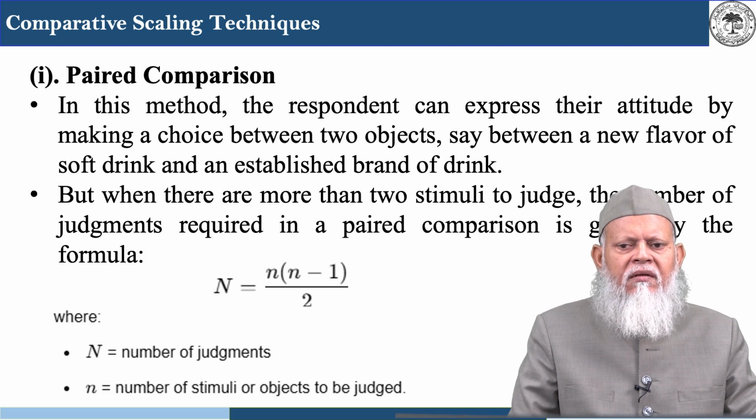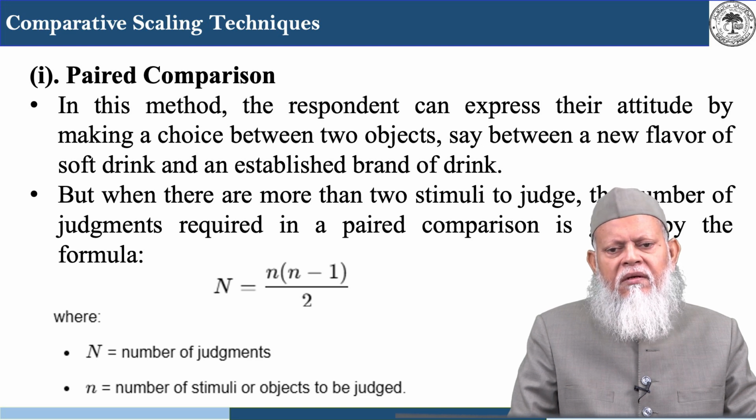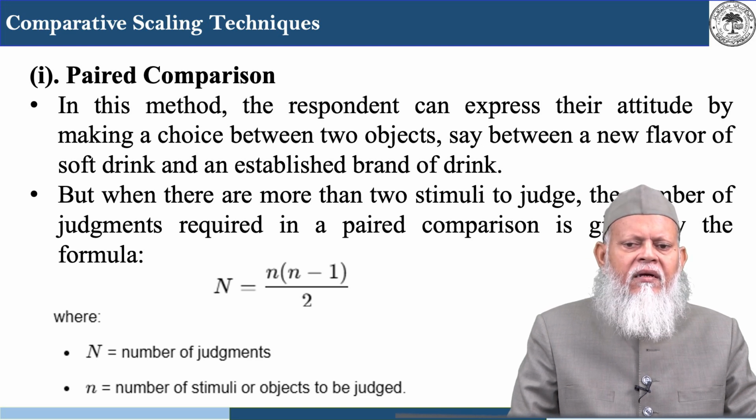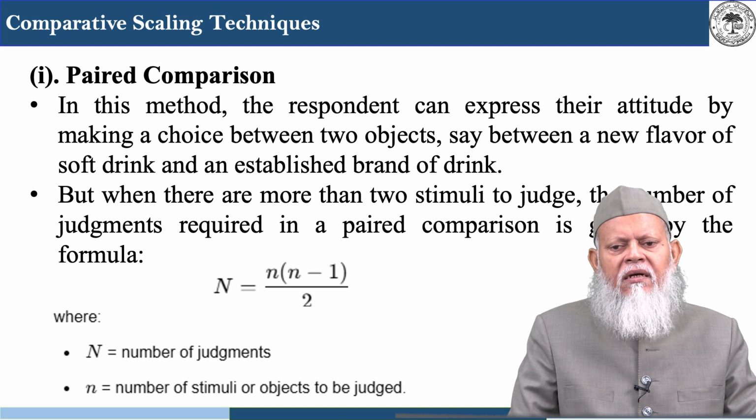In this method, the respondents can express their attitude by making a choice between two objects, say between a new flavor of soft drink and an established brand of the drink. Say a new brand of milk and an old established brand of milk.